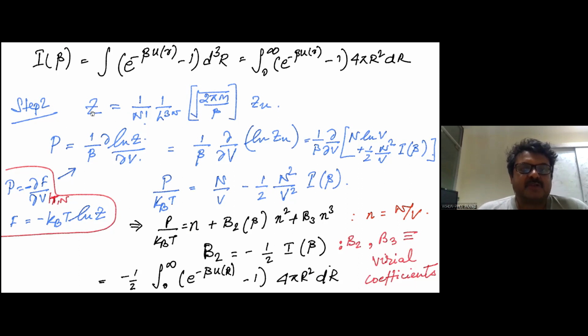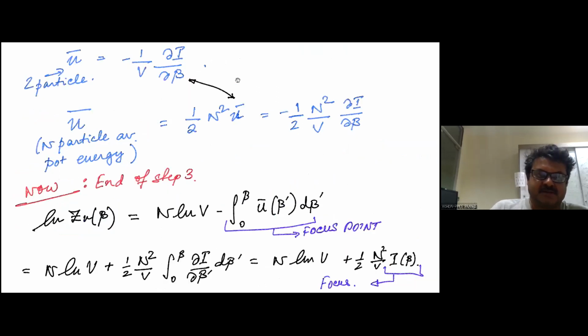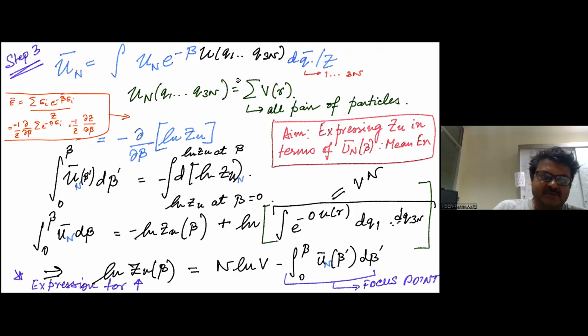Now step 2 was, of course, Z_1 by N factorial h to the power 3N. This is coming from the kinetic energy term. There should be a 3N sitting here, which I had missed out, so I'll just be explicit and remind you.